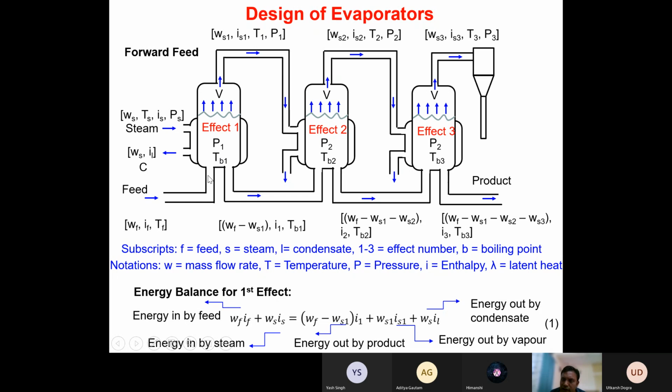But if there is a boiling point elevation, that means the solution is concentrated. In that case, this TB1 will be higher than this T1. Okay. So this T1 is a temperature of a pure solvent, whereas this TB1 is the boiling point temperature when the solution is having a solute. And clearly, whenever there is a solute, there is a boiling point elevation. And therefore, this TB1 and this T1 will not be same if the solution here is concentrated.